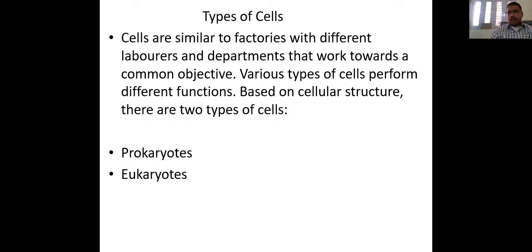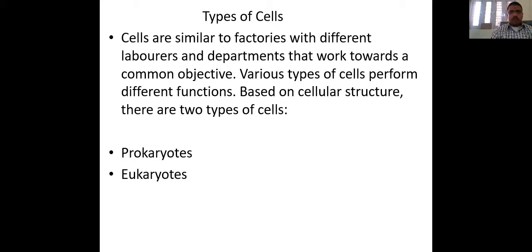Like that, in the cell there are different kinds of work, and the main objective is to understand the process of the life cycle for a living being, and to complete all these life cycles.